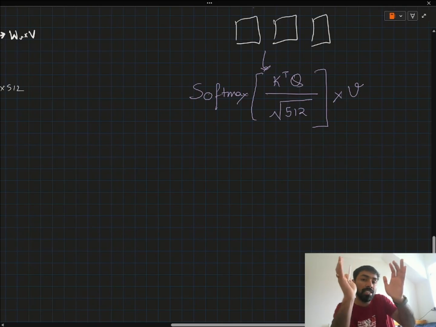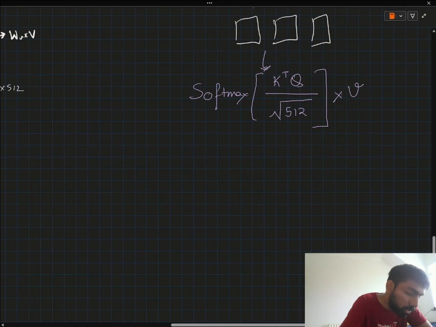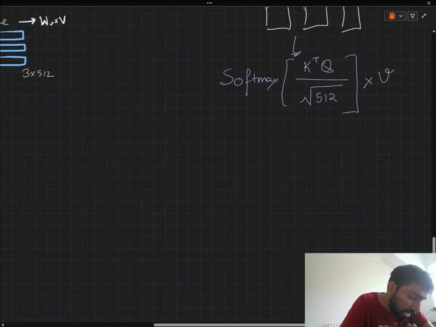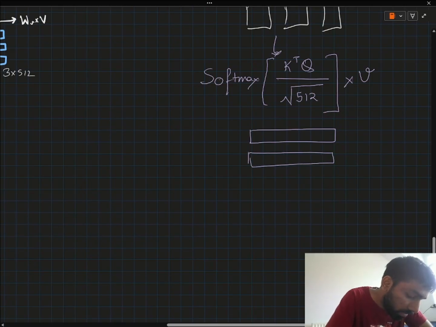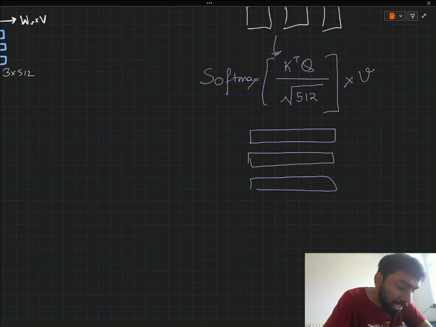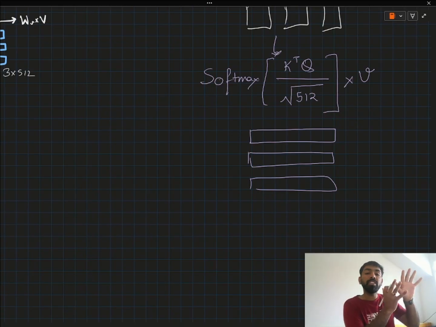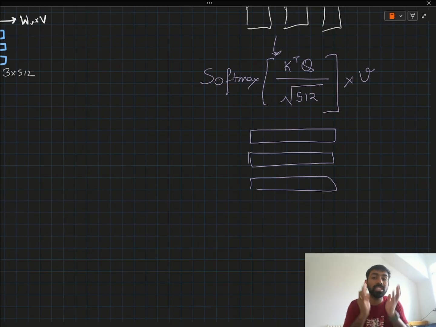So we multiply these attention scores to the value, and now we get a 3 by 512 matrix, which previously contained positional encoding and meaning. Now it captures the impact on every other word, which basically means it captures the context as well.